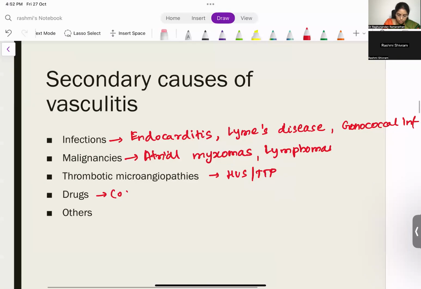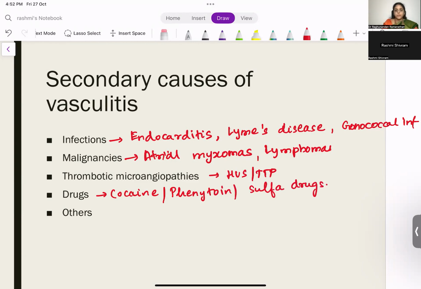Moving on to the drugs, what are the important drugs which can present with vasculitis features? You have cocaine, phenytoin, sulfa drugs, propylthiouracil, etc. There is a huge list, but a few things you must definitely remember: cocaine, phenytoin, sulfa drugs, propylthiouracil.